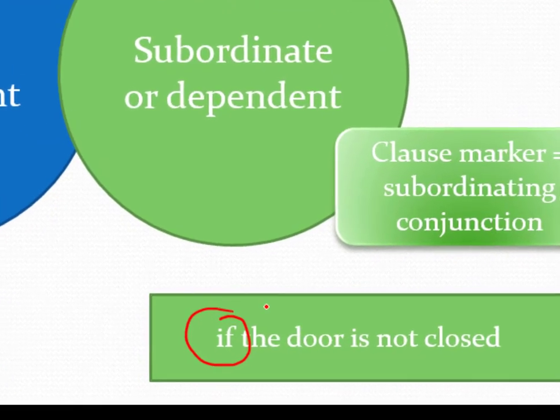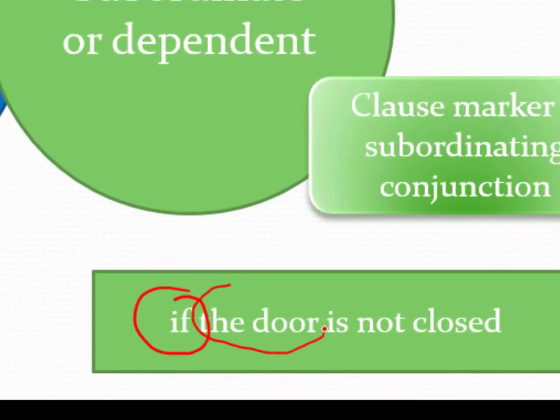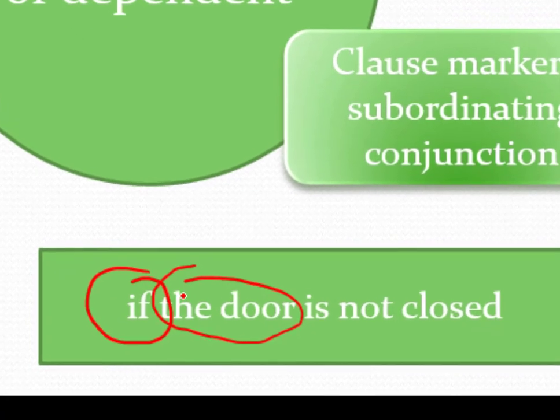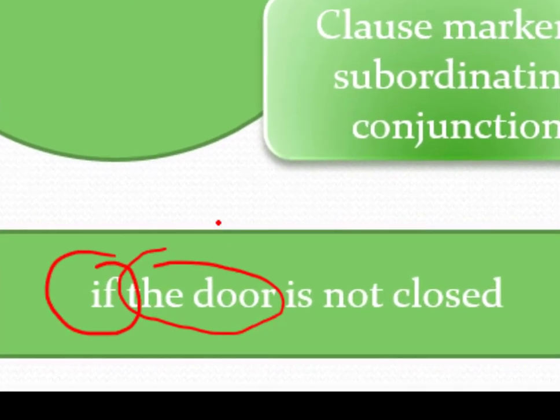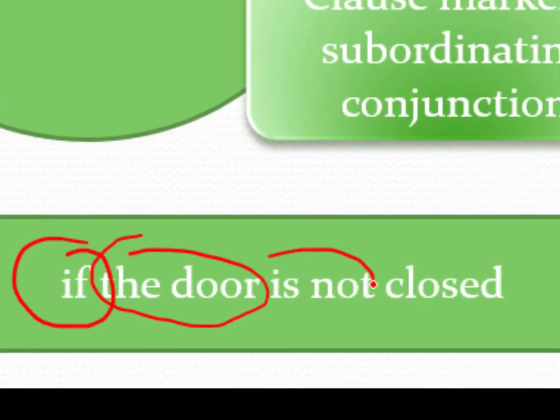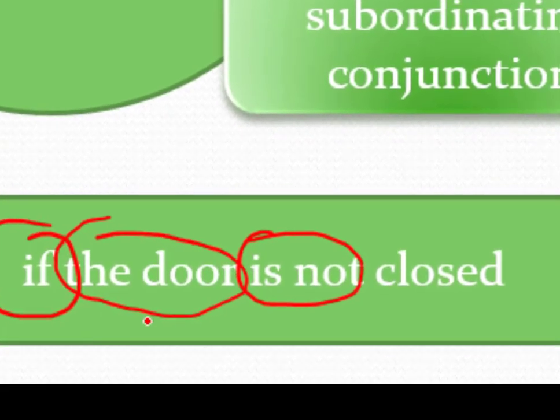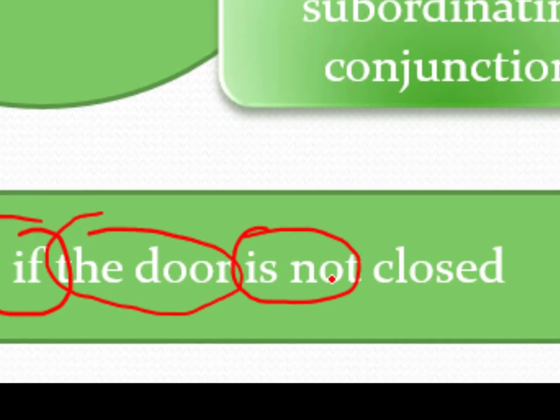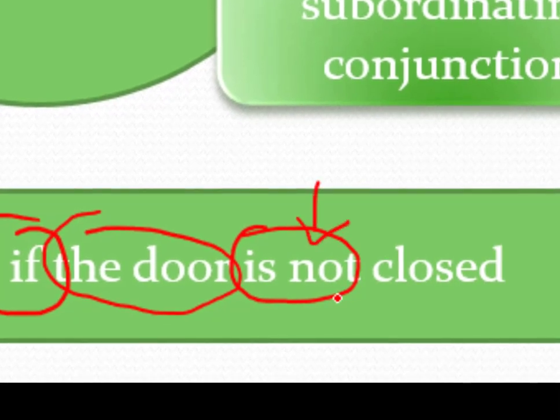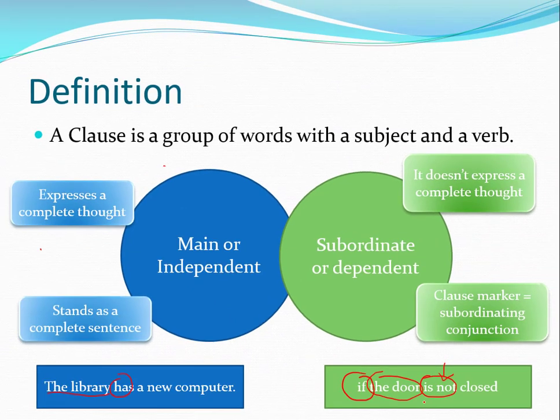Which one is the subject then? Well, in this case, we have the door as the subject, and the verb is is not. Well, the verb to be is the main verb, but it's actually being modified by the adverb not here. All right. So basically, both of them are clauses because both have a subject and a verb.